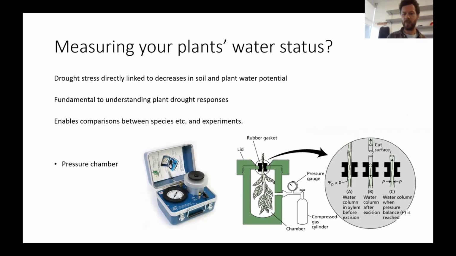You put it inside the chamber with the petiole sticking out of the top, and then you apply positive pressure to the leaf. Once that positive pressure equals the tension that's inherent in the leaf at the time of excision, it starts to exude water out of the cut end, and that's your water potential that you jot down.